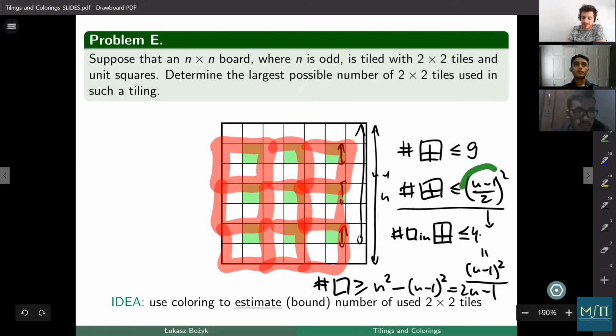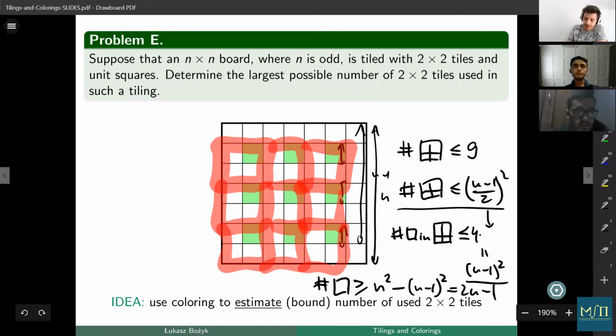So this is a bound for the maximum number of 2 by 2 squares to be placed on this board. And by some algebra, this rewrites as the smallest possible number of 1 by 1 unit square tiles in such a covering.